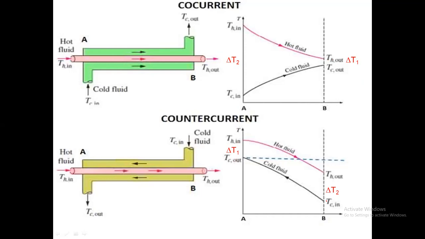Now, there was some confusion I heard last time when we were discussing the topic of delta T log mean on how you're going to write these curves representing the hot fluid and the cold fluid, so that there won't be any confusion or misconception. When we speak of parallel flow, the hot fluid curve is written on top, the cold fluid curve is written below. It's the same if it's counter-current flow: the hot fluid on top still and cold fluid below.